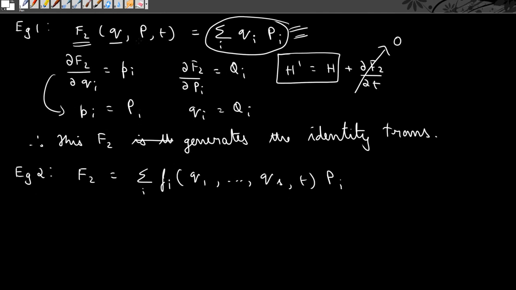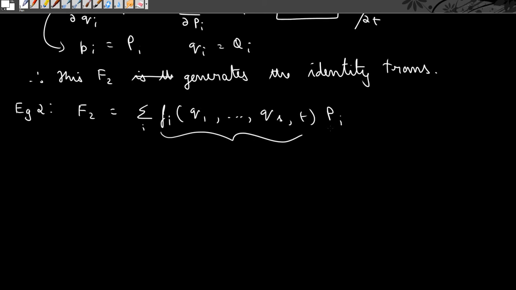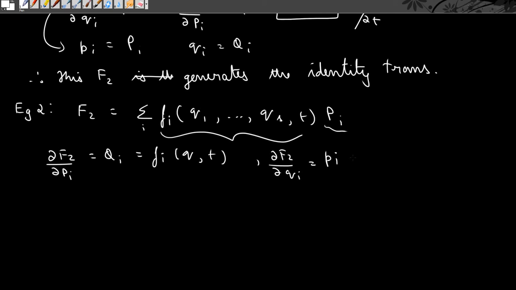Because our F2 is a function of old coordinates, new momentum and time. So this part gives the function of old coordinates and time, and this part gives the functional dependence on the new momentum. Now our relation ∂F2/∂P_i will be equal to Q_i, and this should be equal to f_i of q, t, where q involves all the q_1 to q_s. And ∂F2/∂q_i should be equal to p_i.